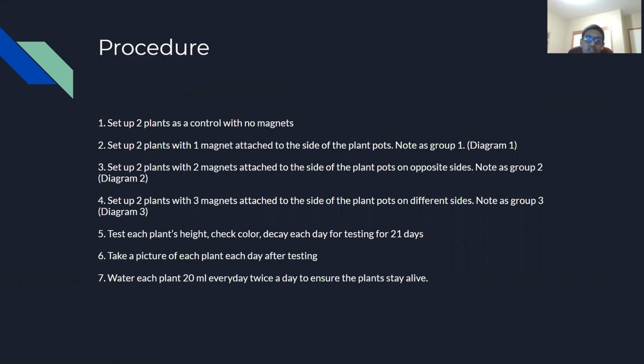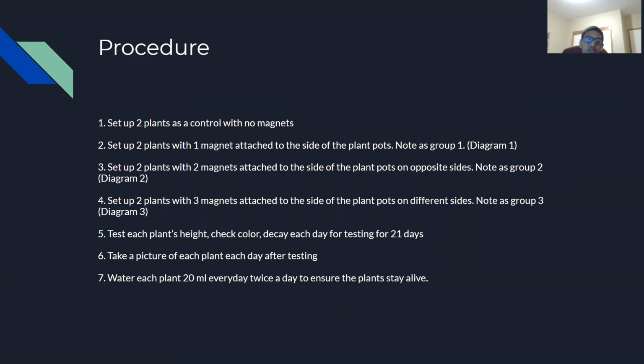So the first group, which we're just going to mark as control, had 2 plants with no magnets affecting the plants. Group 1 is 2 plants with 1 magnet attached and affecting each plant. Group 2 was 2 magnets affecting each plant, and group 3 was 3 magnets affecting each plant. And each group had 2 plants.